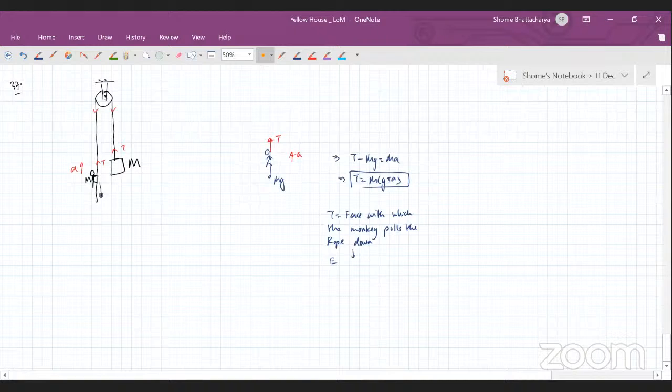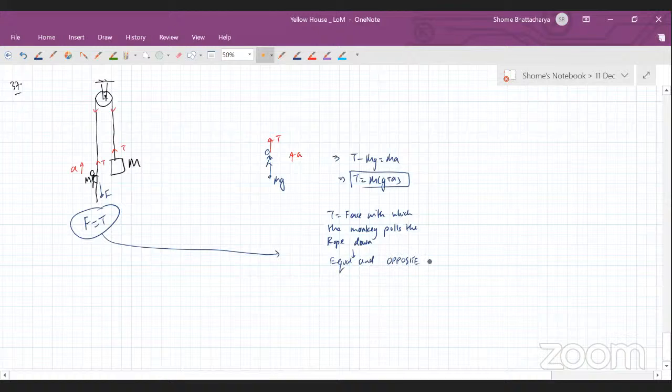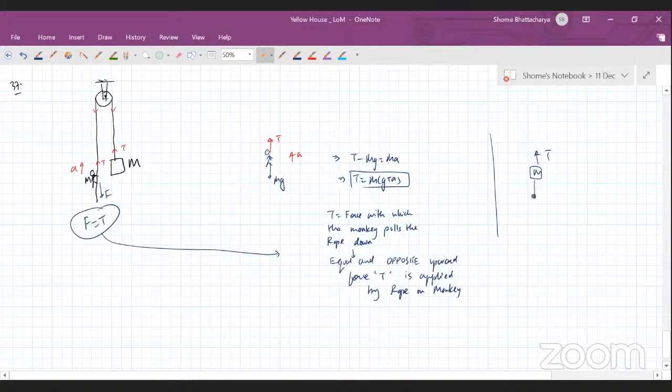So the monkey is pulling down with a force F. So that force only is equal to the tension T. So this is equal and opposite, upward force of T is applied by the rope on the monkey. Okay. So now you come to the FBD of the block on the other side. That's also experiencing the same tension and the same magnitude of weight. So it will also have the same acceleration.